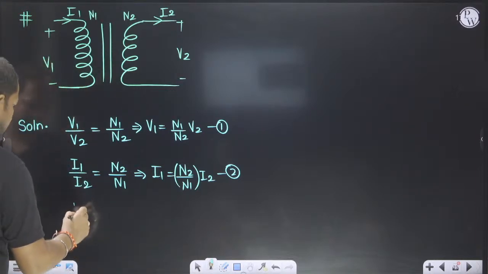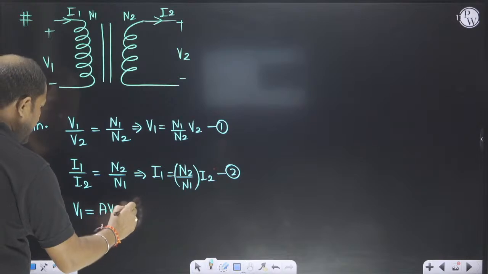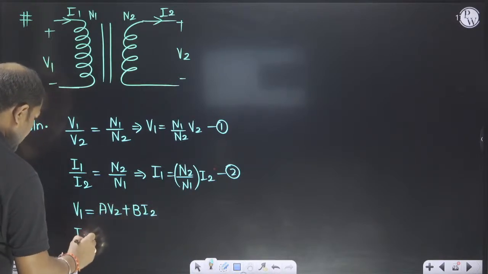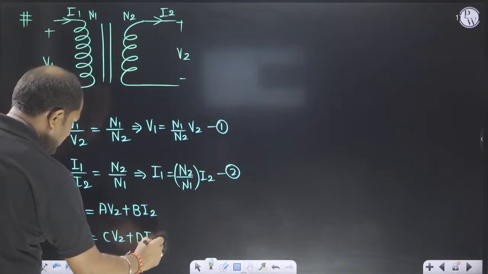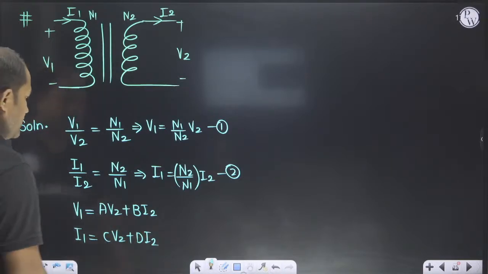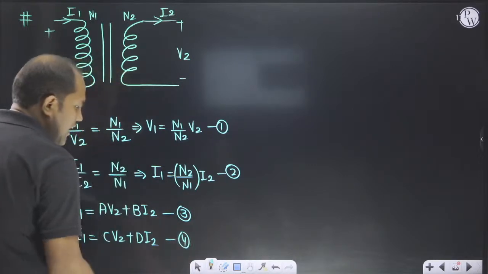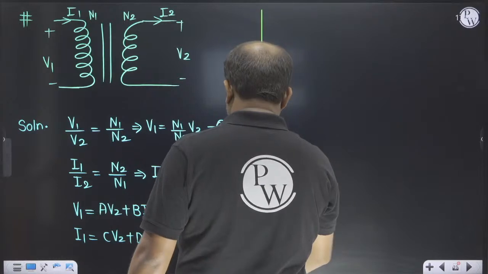Then B1 is equal to A V2 plus B I2, and I1 is equal to C V2 plus D I2. This is equation 3 and this is equation 4. By comparing, you will get the answer.